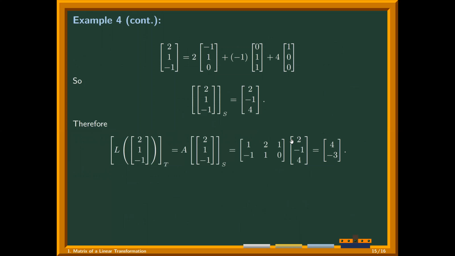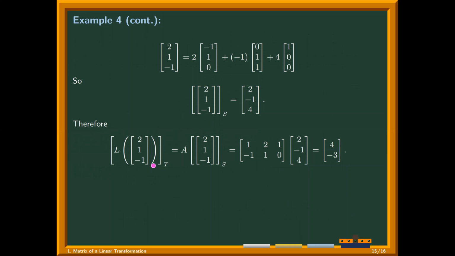And you can check that the result of this multiplication is the 2-vector with entries 4, -3. So this is the coordinate vector of this guy with respect to T.